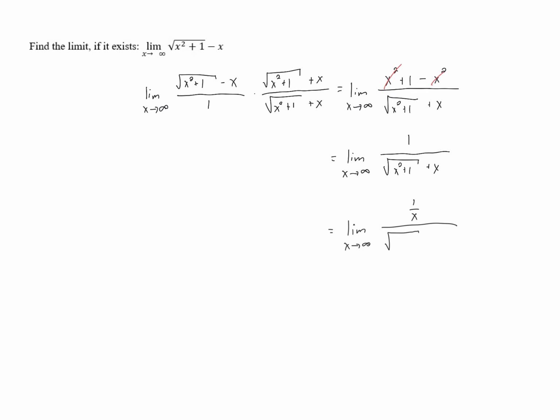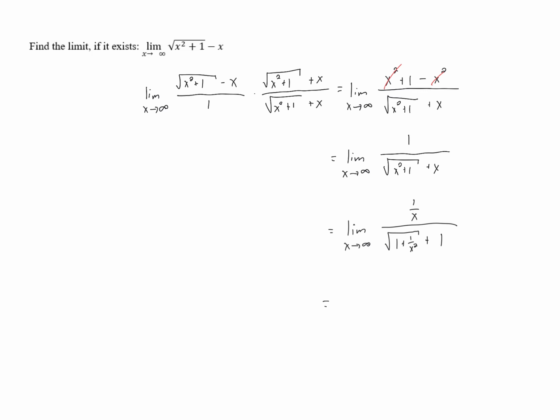And then in the square root, dividing by x is the same as dividing by x squared under that square root. And we don't have any problems with negatives because x is approaching positive infinity here. So when we divide by x squared in there, that's going to give us 1 plus 1 over x squared. And then plus, when we take x and divide it by x, that gives us 1.